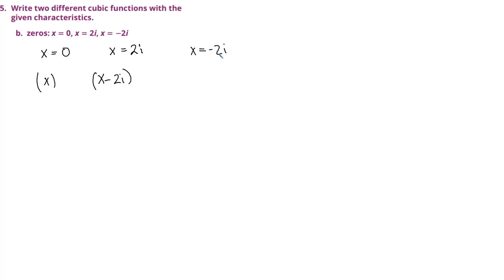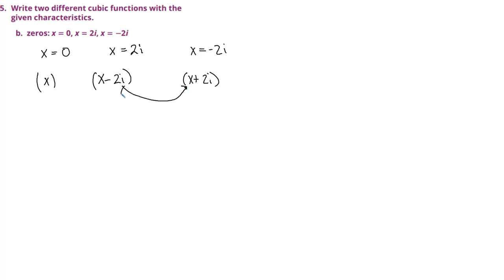I want y'all to go through, oh, actually, I need to go through this one with you. So if x equals 0, that's just going to give you that factor of x. X equals 2i gives us a factor of x minus 2i. X equals negative 2i gives us a factor of x plus 2i.